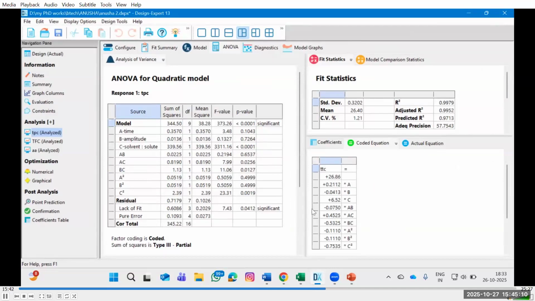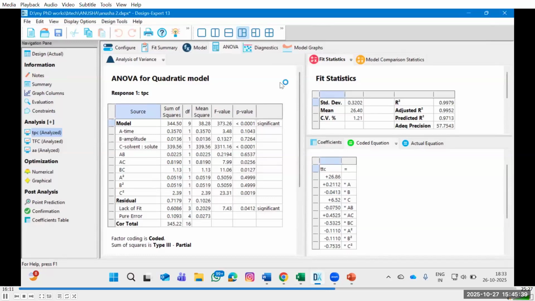In the case of others, say amplitude, which has a negative coefficient, it negatively affected the phenolic compound. As for the solvent to solute ratio, it has a positive coefficient, which means it positively affected the phenolic compound.